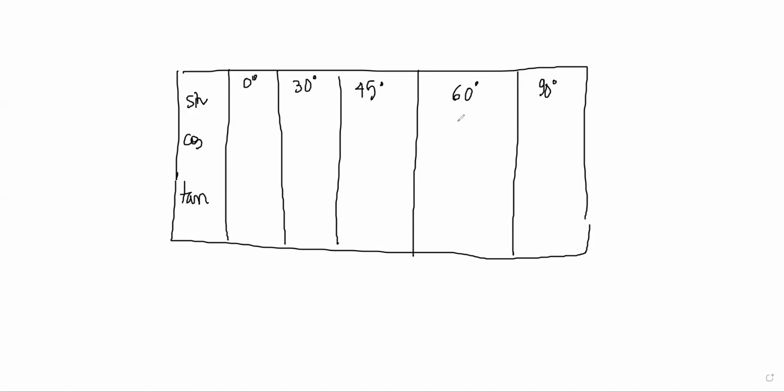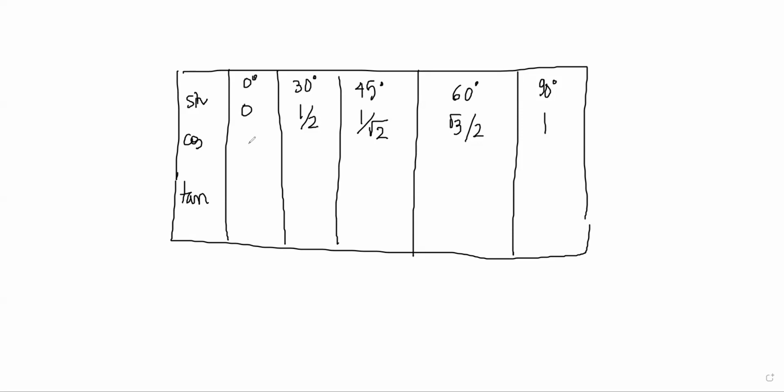These are the 5 values you would have learned in 10th grade. Sine 0 is 0, sine 30 is half, sine 45 is 1 over root 2, sine 60 is root 3 over 2, sine 90 is 1.